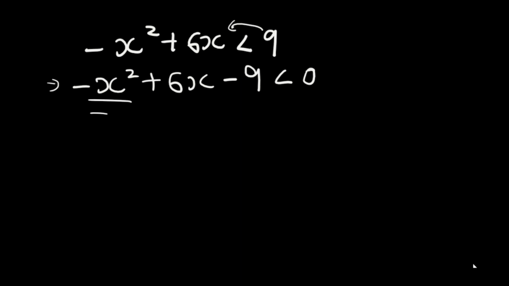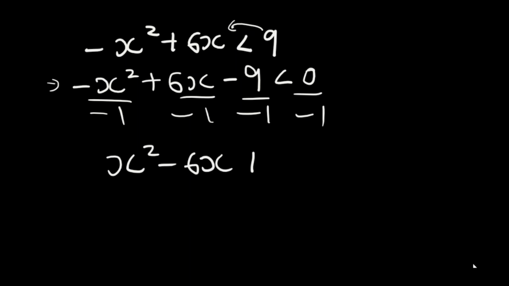So you want to get rid of this negative. And remember that when you divide an inequality with a negative number, the inequality sign changes. So instead of being less than, it's going to change to become greater than now. So you're going to have x squared minus 6x plus 9 is greater than 0.